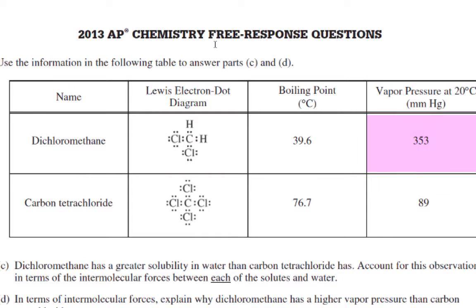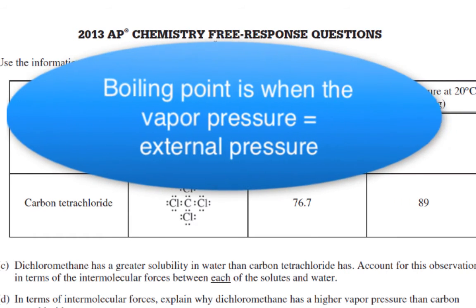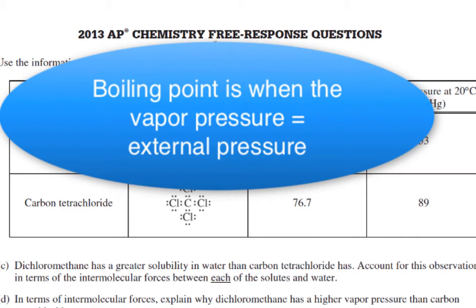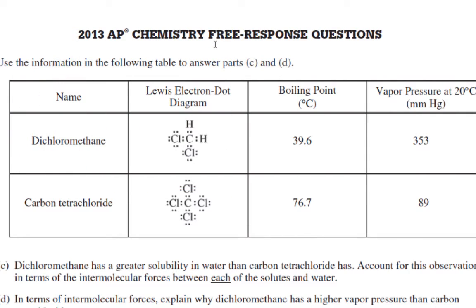Now remember, vapor pressure affects boiling point because when you can get the vapor pressure equal to the outside pressure, so the pressure around you, that's when it boils.